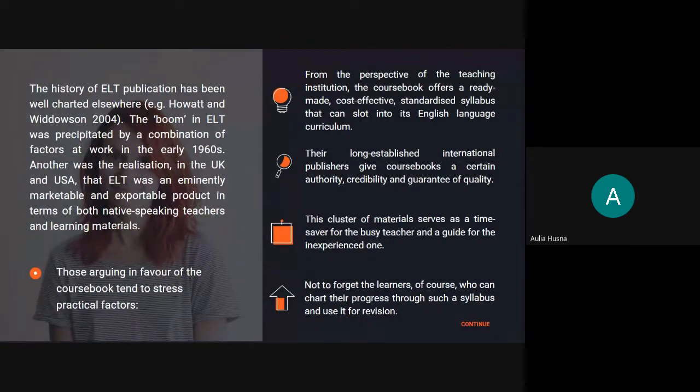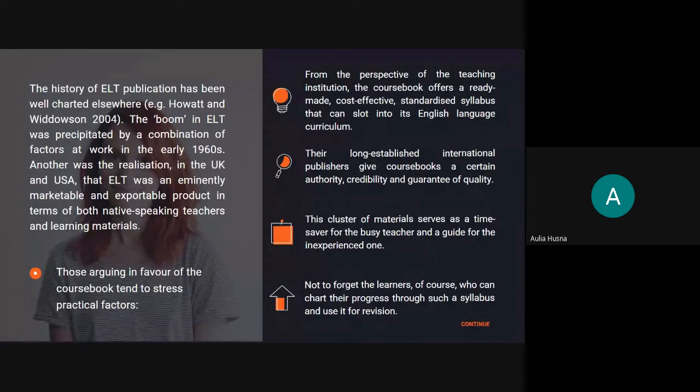Those arguing in favor of the coursebook tend to stress practical factors. Number one, from the perspective of the teaching institution, the coursebook offers a ready-made, cost-effective, standard syllabus that can slot into its English language curriculum.